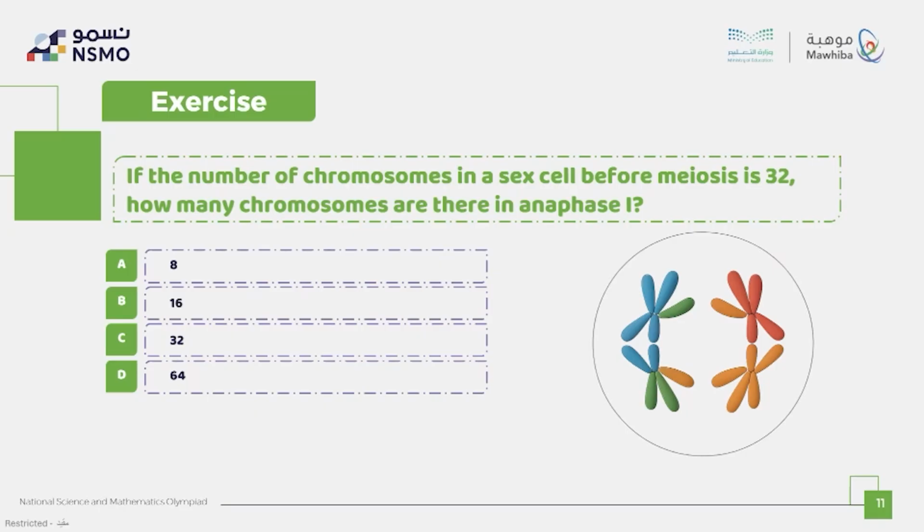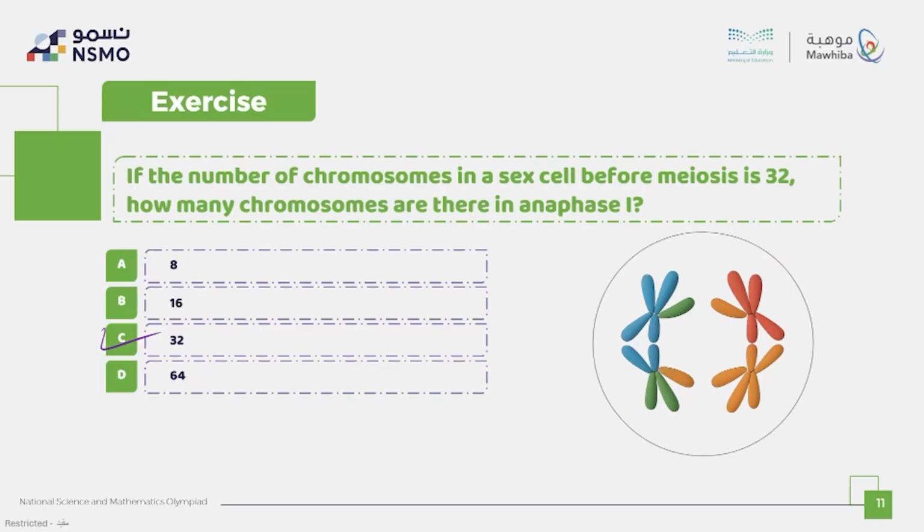That's the main concept. This means the chromosome number does not decrease during anaphase 1. The reduction happens only after completion of meiosis 1, when cells split. So the number remains 32 chromosomes during anaphase 1. So the right answer would be C. Do you get it, guys?